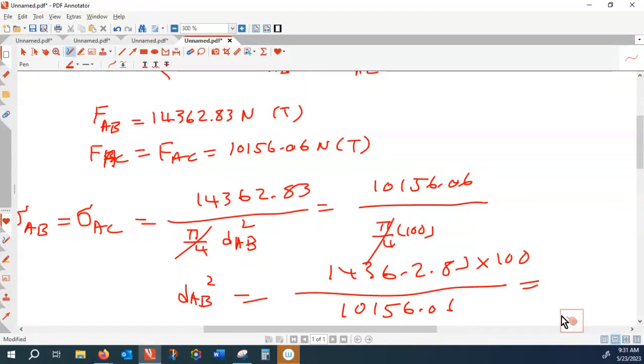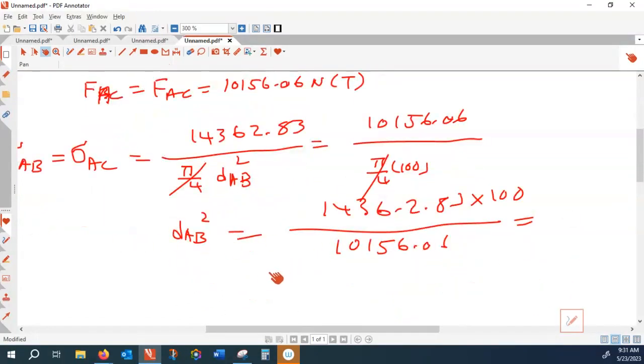So from here, the next step, I need to take the root of both sides. So DAB is 11.9 millimeter.